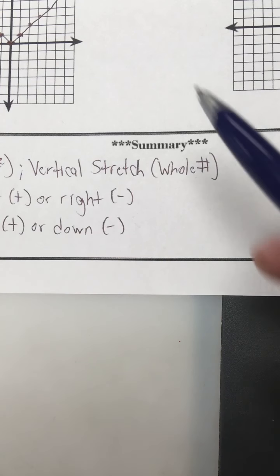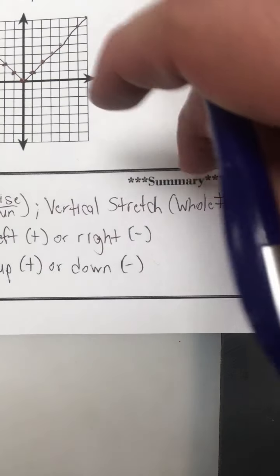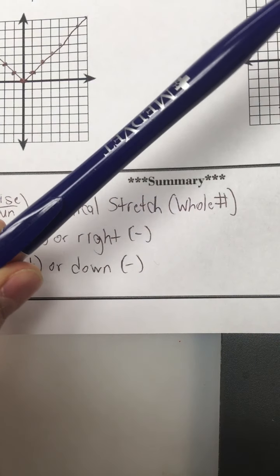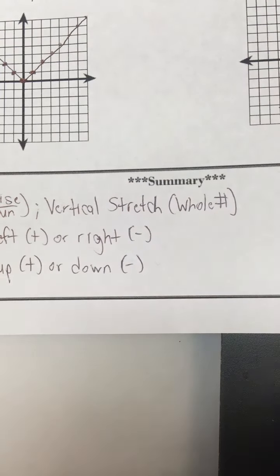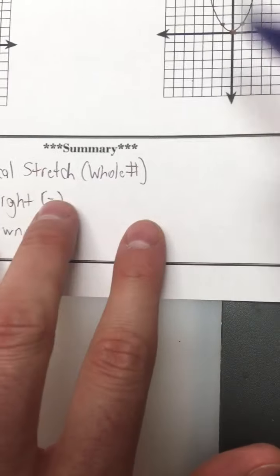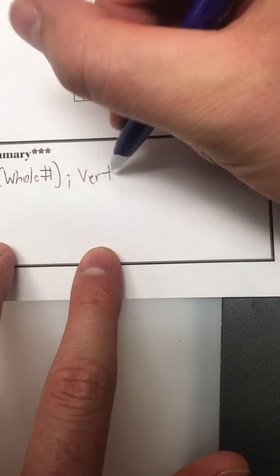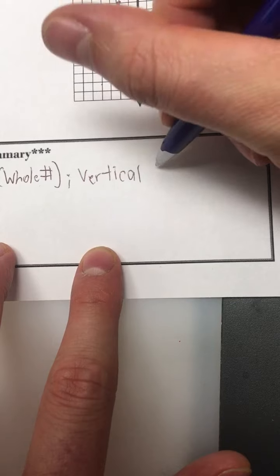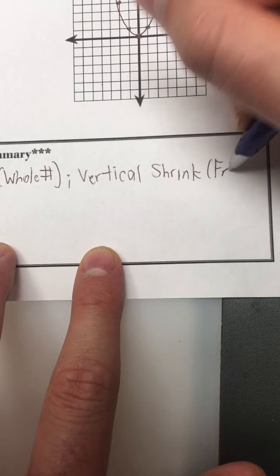Now, if it were a number smaller than 1, if you had a fraction for your slope, basically instead of looking like this, the line would get flatter. We call that a vertical shrink because it's shrinking it down toward the x-axis. So vertical stretch, if there's a whole number, all right, it would be a vertical shrink if you have a fraction.